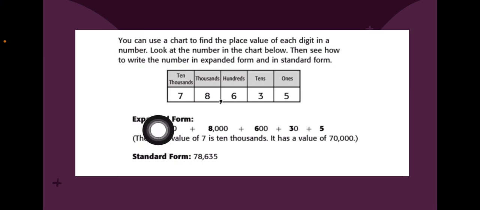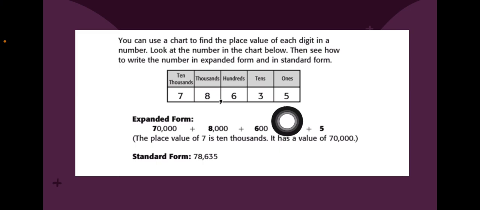And then let's move on to the thousands. We'll read it as 8,000. Yes, 8,000. And hundreds, 600. This is 600. Now here the 3, 30, in tens, 30.